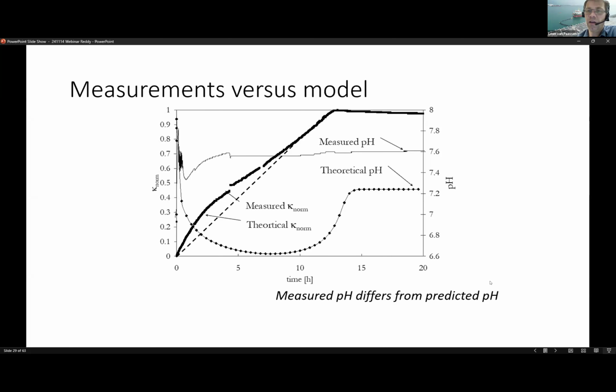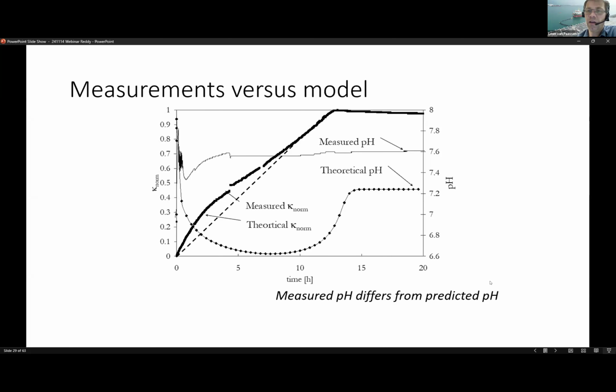If you now zoom in at the beginning, it was actually quite interesting to see that during the experiment, pH rises initially and then drops down, rises again, drops down, rises again. It forms this pattern. And what we thought at that moment was, okay, what's happening here? It seems that you could explain this type of pH behavior by multiple nucleation events.